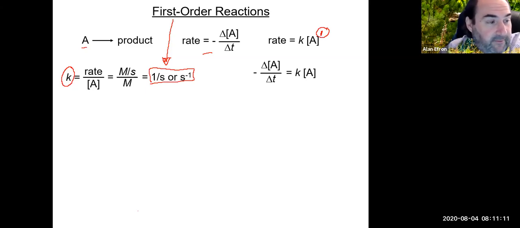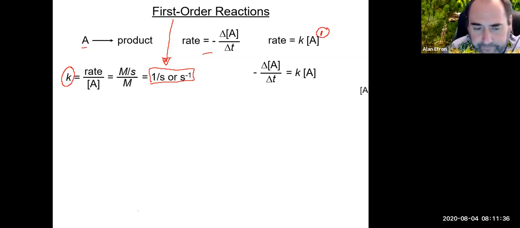We don't usually run reactions for days, weeks, and years. Otherwise, those studies would take forever. So again, 1 over seconds is most common, but it could be 1 over minutes, 1 over weeks, 1 over days, some type of unit like 1 over time.